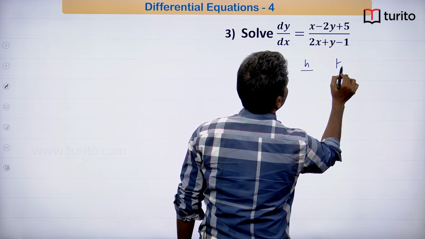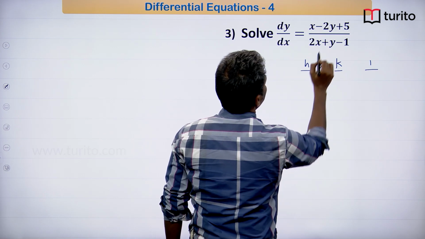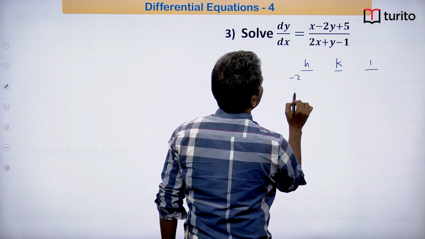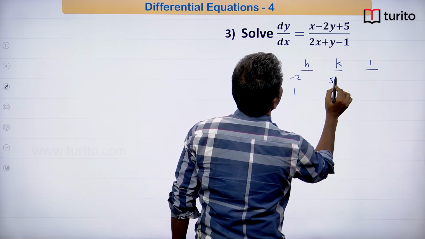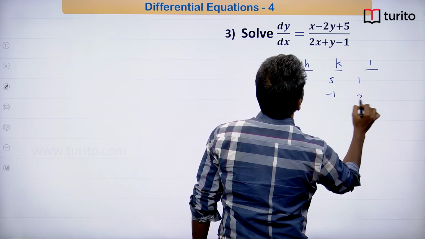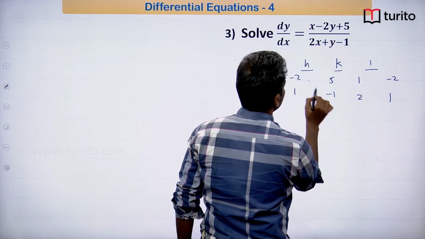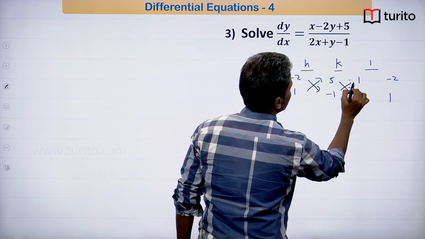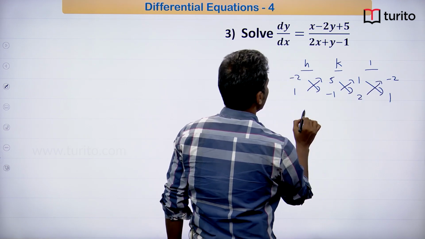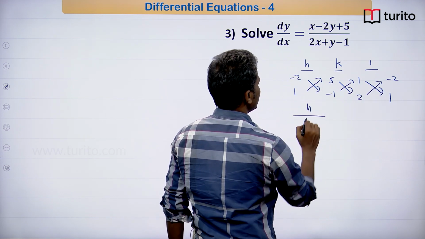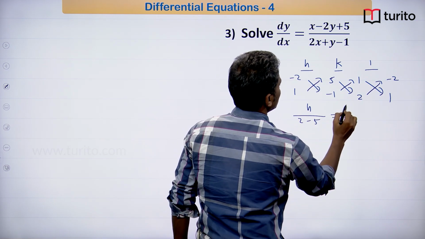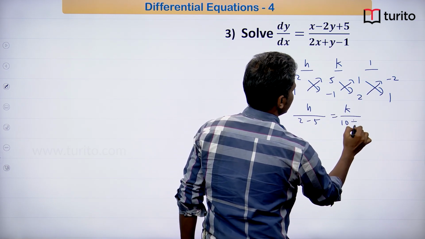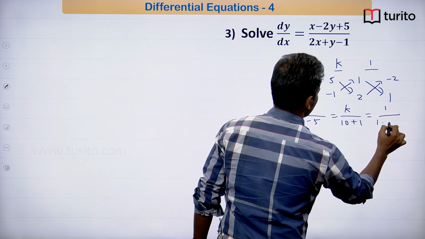So h here, k here, 1 here. Here coefficients of y minus 2 comma 1, and here 5 comma minus 1, 1 comma 2, minus 2 comma 1. So you know this cross multiplication method. So what do we get? H by 2 minus 5, k by 10 plus 1, 1 by 1 plus 4.